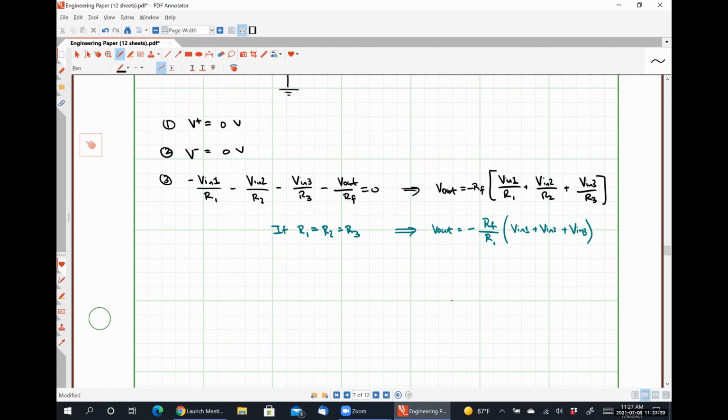But we can't write a voltage gain equation Vout over Vin because there are 3 Vins in this particular example. Does that make sense? So there is a voltage gain being applied to each of the individual inputs, but there is not a voltage gain for the overall system.